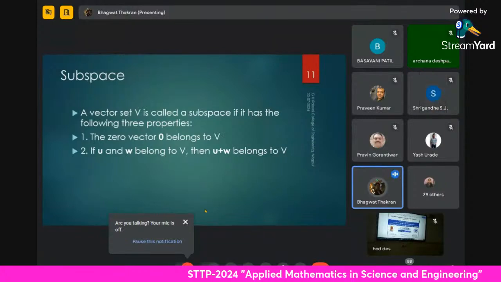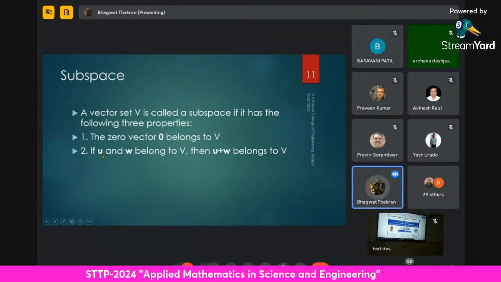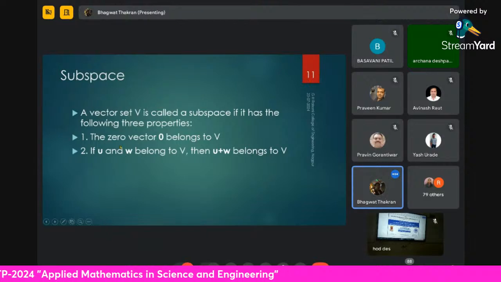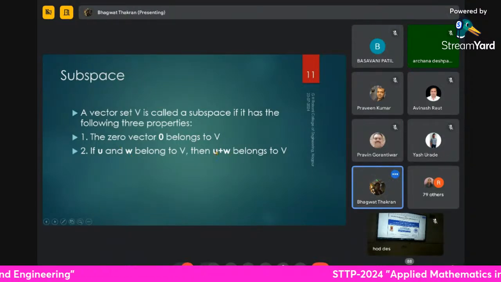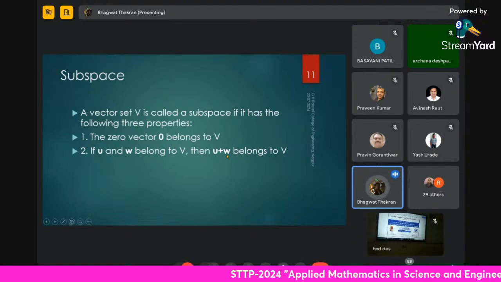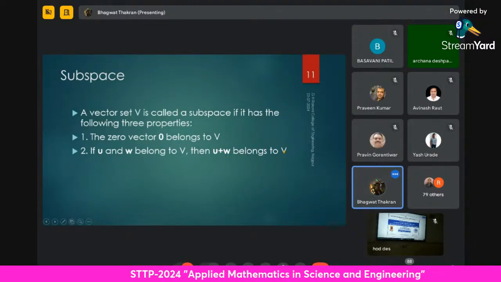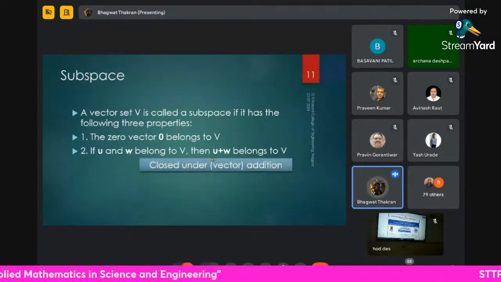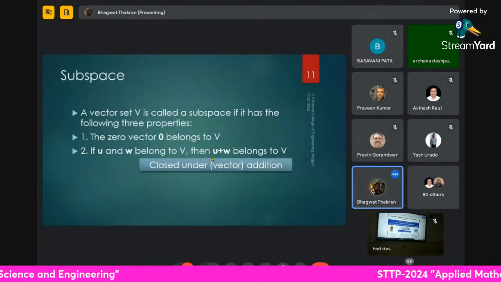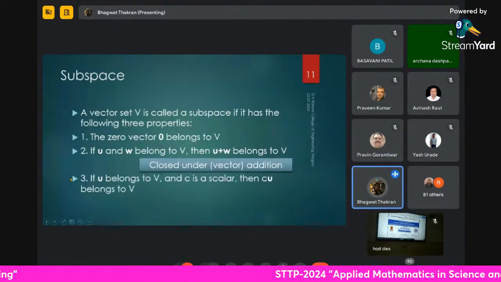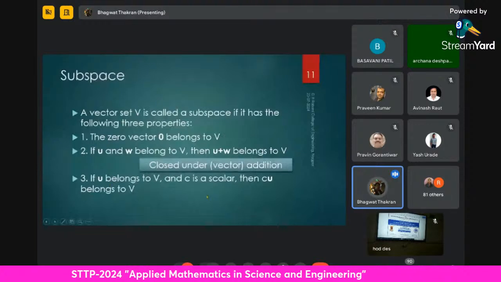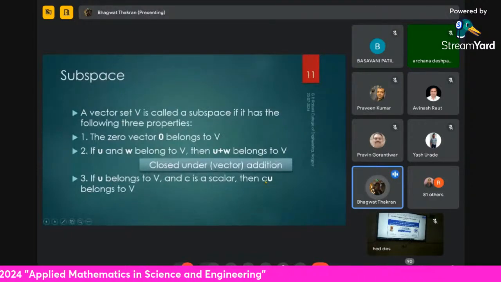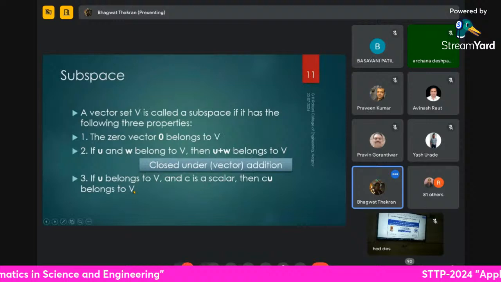Second, whenever we consider two vectors from this subset, their addition again belongs to the set V. That means it is closed under vector addition. And third, if I consider a vector u and c is a scalar, then cu is again in the set V.